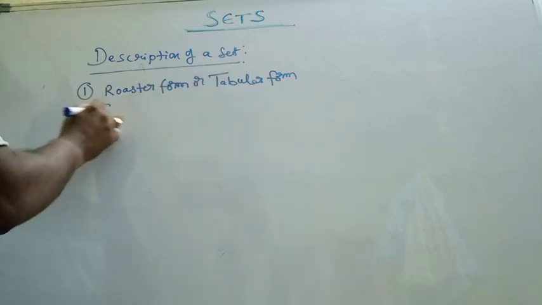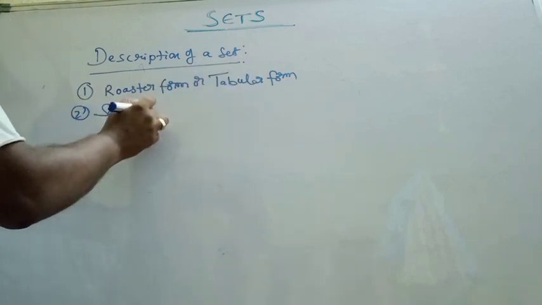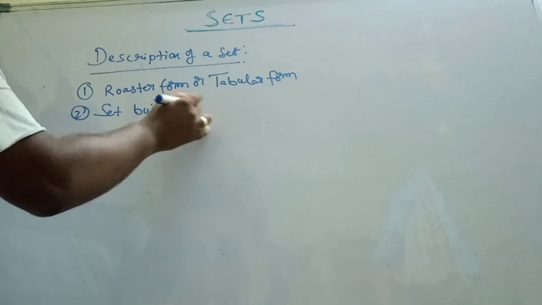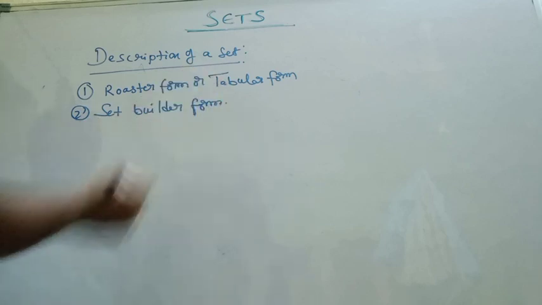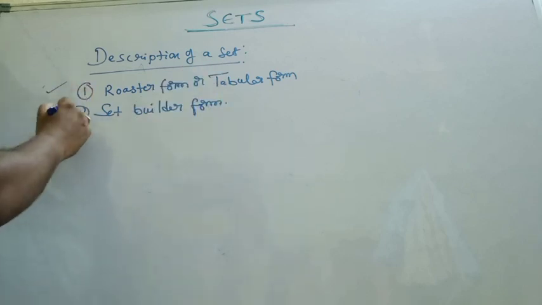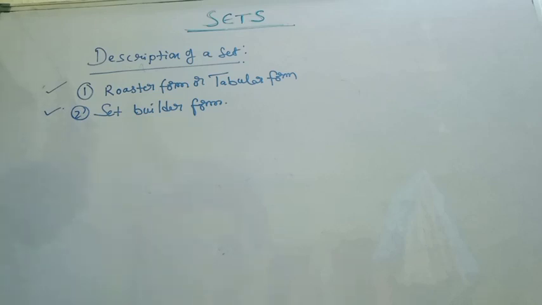Number two is set builder form. One is roster form and another one is set builder form. These are the two ways of representing or describing a set.